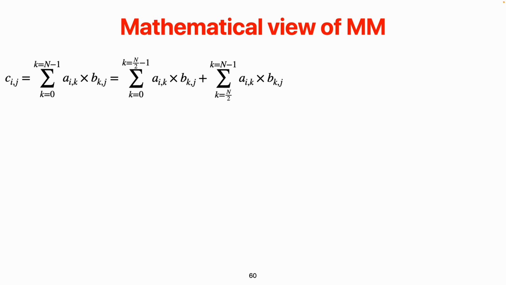If you split it by half, you will still get the same result, but you can have 2 separate loops, and in each loop you are traversing only half the elements in each row and column. So you can reduce the working set size of your code.